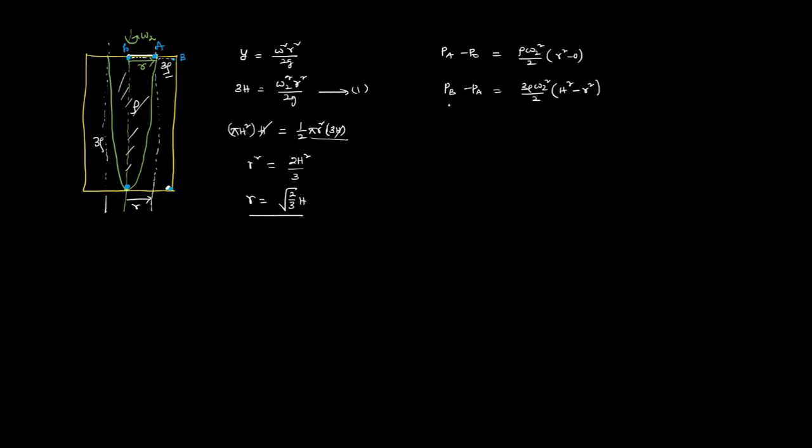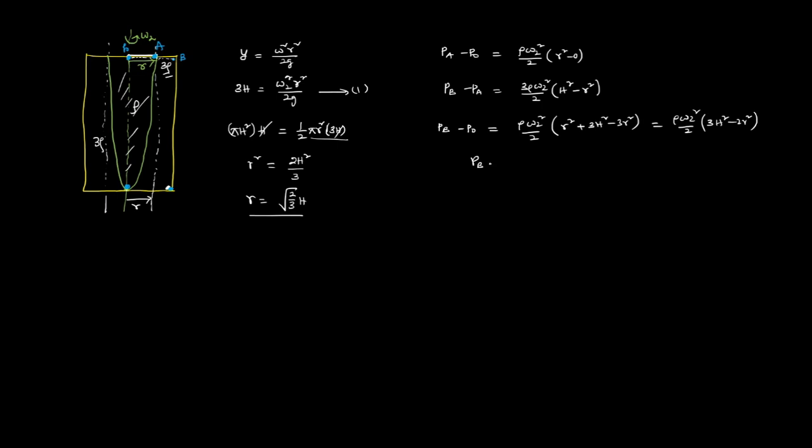If I add these two, I will get PB minus P naught, which can be written as rho omega 2 square by 2. Taking common, it is r square plus 3h square minus 3r square, with the 2 taken common. Then I will get rho omega 2 square by 2 into 3h square minus 2r square.